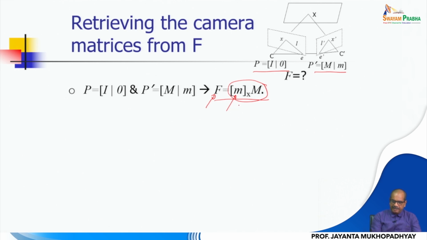So let me write it as S, and this matrix in a canonical form, for a calibrated camera, would be simply the rotation matrix. Otherwise, you know that this is a 3 cross 3 matrix, some matrix.